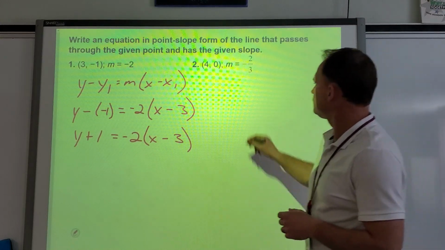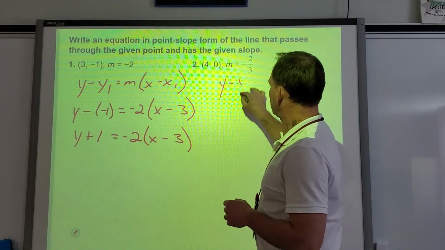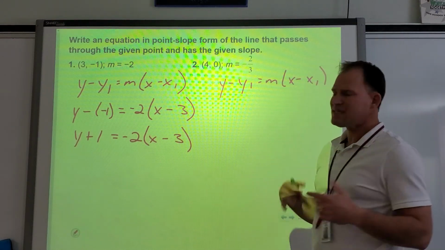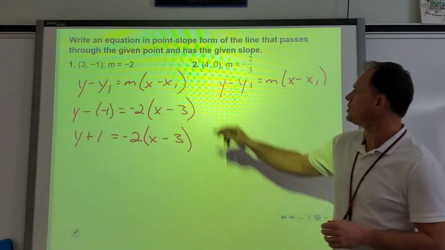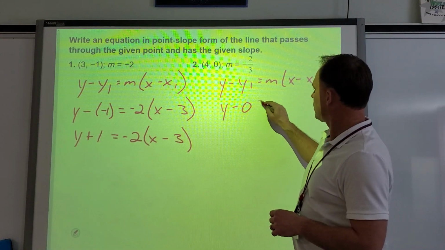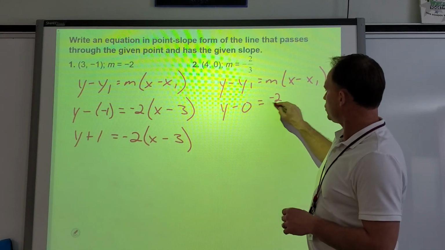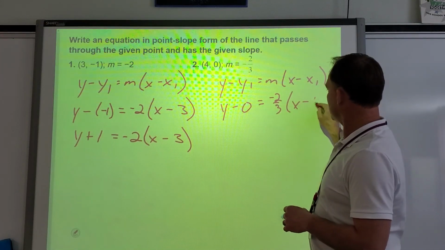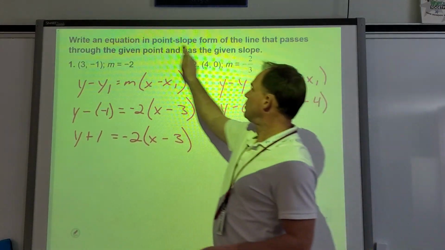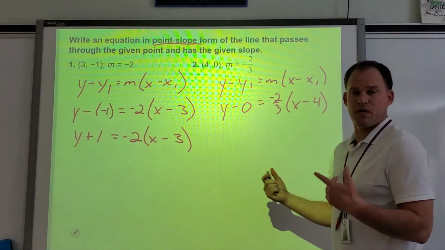Number 2. Again, do your substitution. The y is 0. The slope is -2/3. And the x is 4. Clean it up, because again, I'm in point slope form.